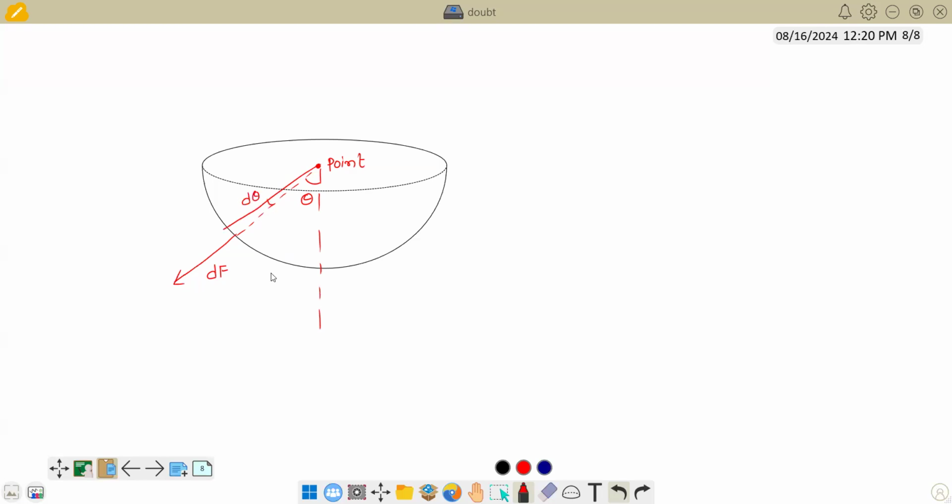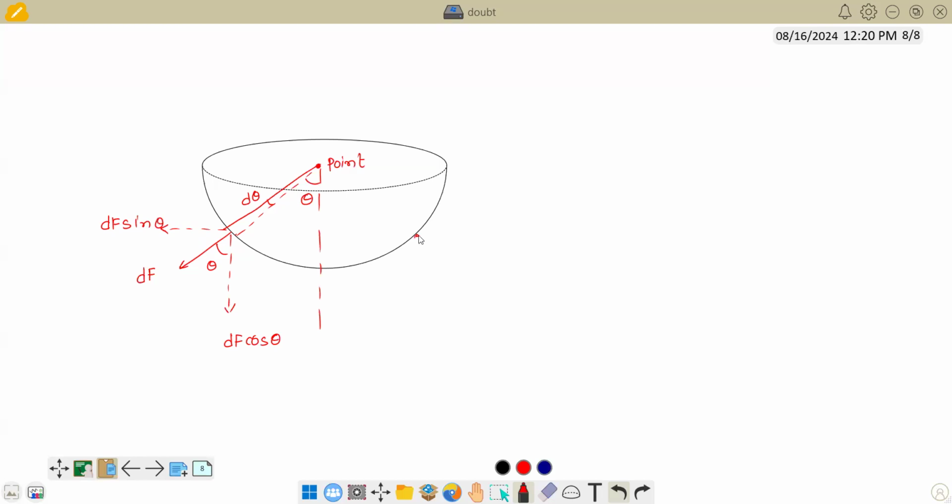So due to that, a force of dF is acting here. Now, if I resolve this dF into components, if this is theta, we will get dF cos theta on this side. On this side, we get dF sin theta.